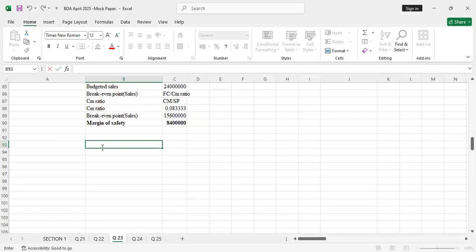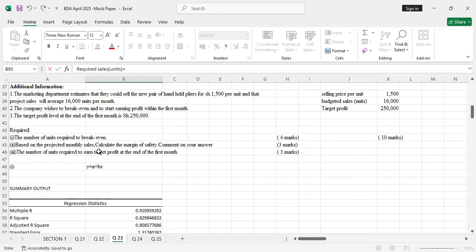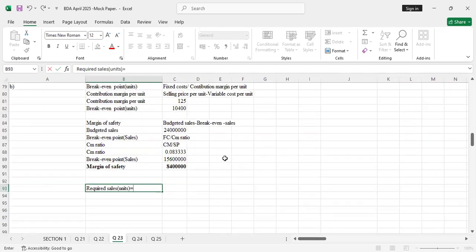So you use the CVP, the cost-volume-profit analysis. The required sales in units will be equal to, this is the formula for the number of units required to earn target profit.